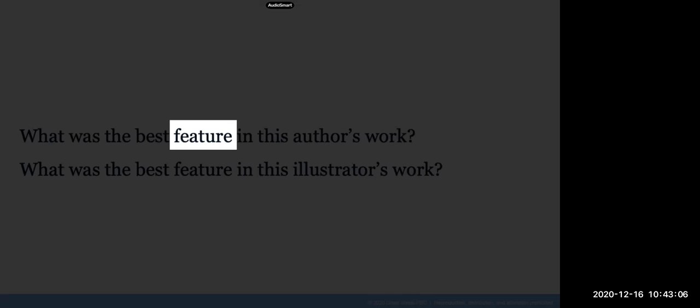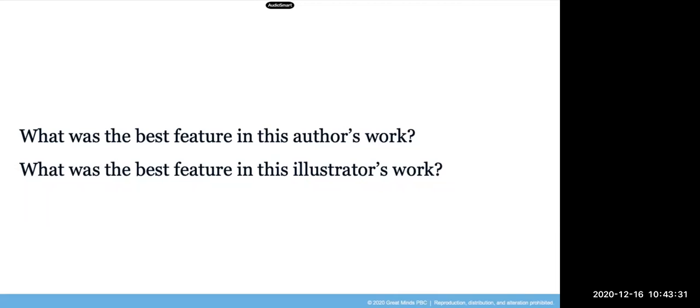For example, a unique feature that the author of this book used was the use of sounds as individual words, like clang and bang and rattle. We don't see that in every book. That feature or that ingredient that the author used really makes this book different from other books.